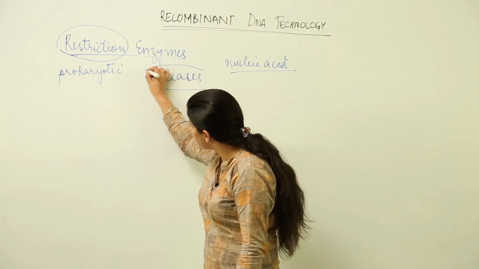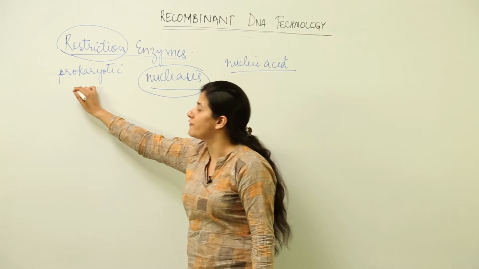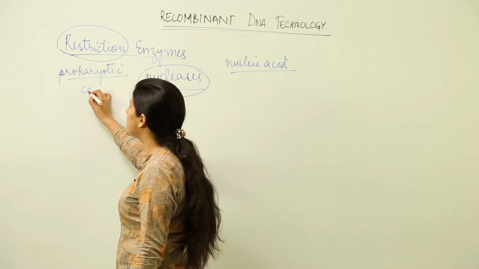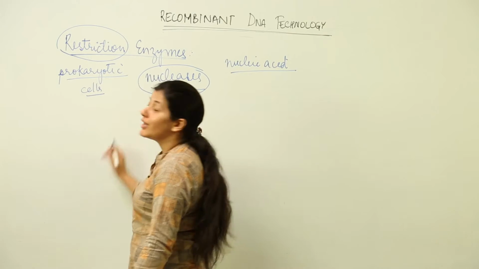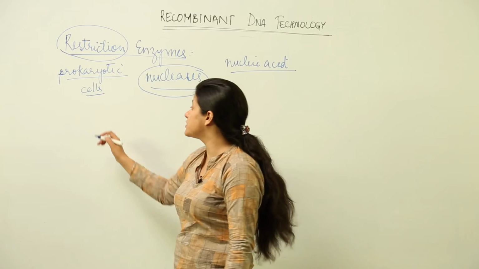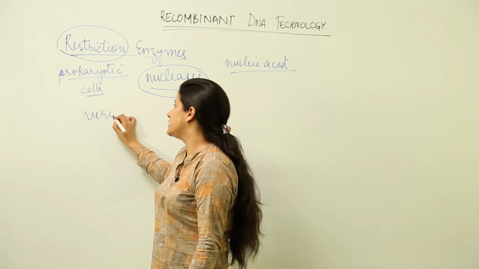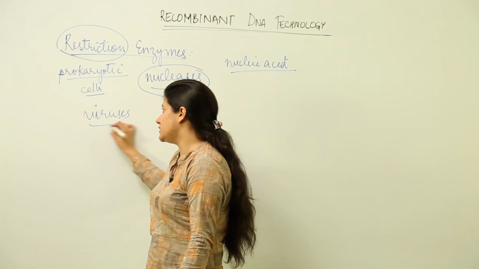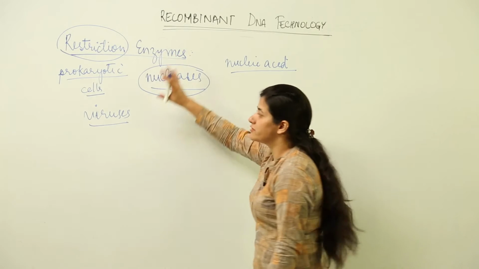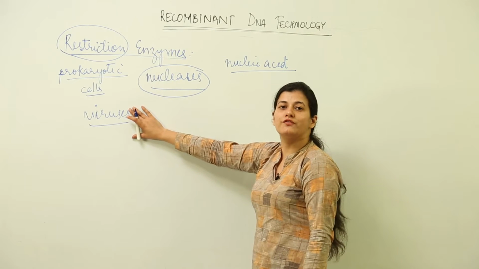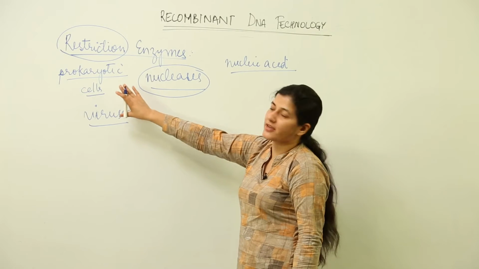So restriction enzymes are nucleases which are found in prokaryotic cells or certain bacteria in order to restrict viruses. Now we get what the term had hidden inside it, that these enzymes are restricting the growth of those viruses which infect the bacteria.